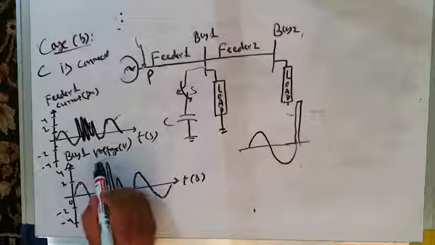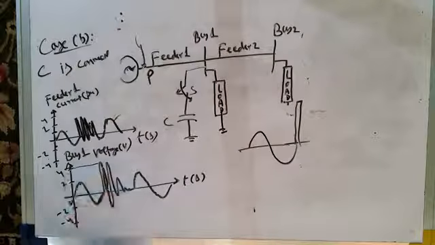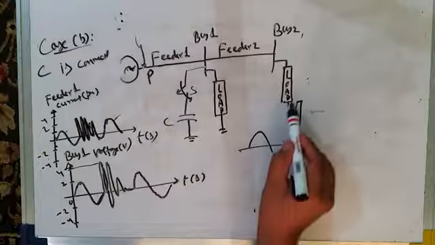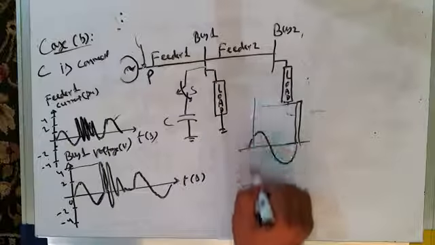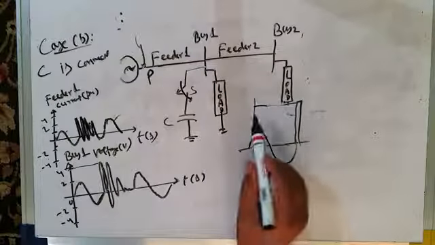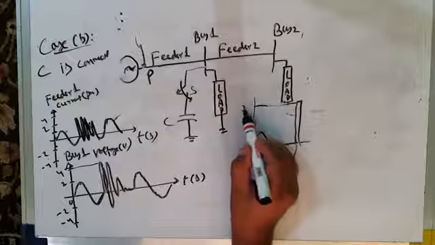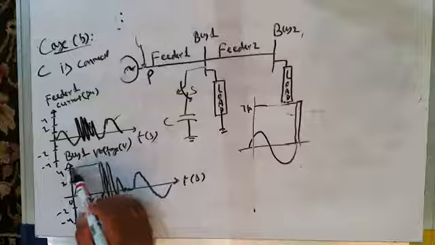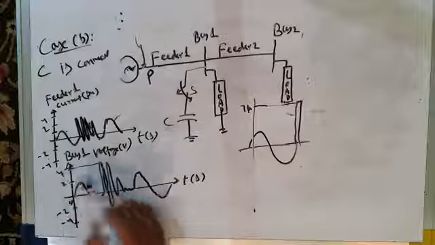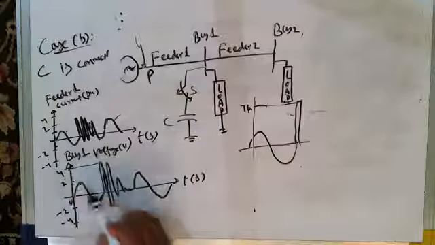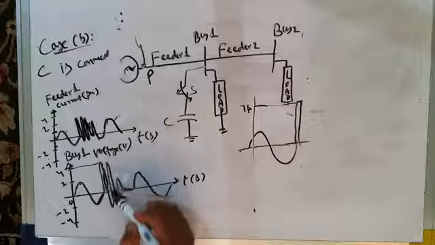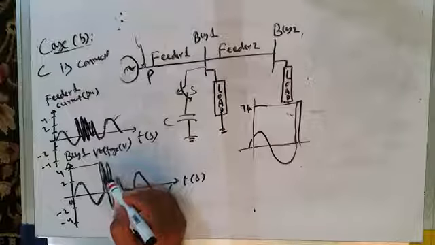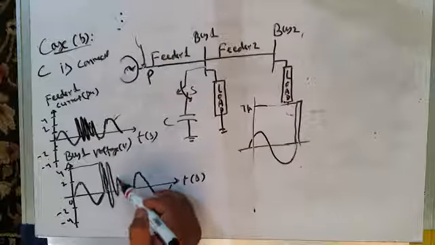And the amplitude of impulsive voltage will go as high as 4 per unit. Whereas in the previous case, without capacitor, you have seen that the amplitude of impulsive transient goes as high as 7 per unit. So the good news is that the amplitude is only 4 per unit, but it remains there for a longer period because it goes high, low, then again high, low, till it decays.